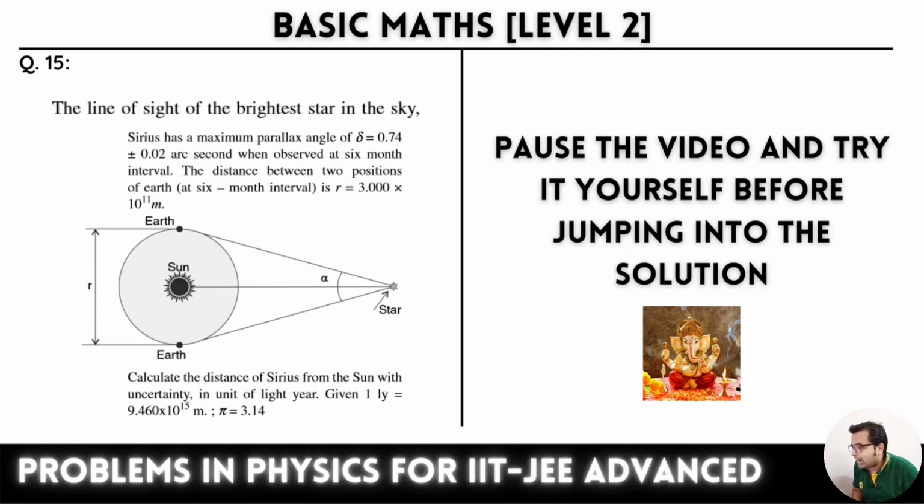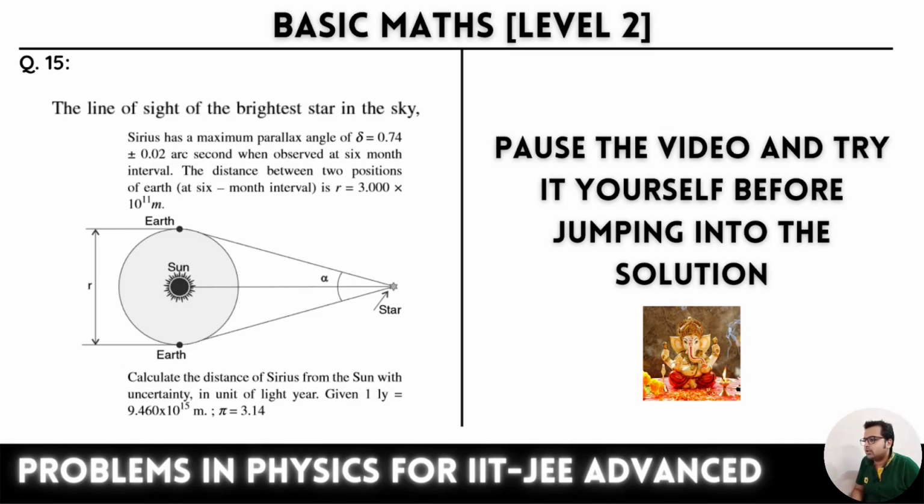It has a maximum parallax angle of, let me call it delta only, delta is equal to 0.74. So here the parallax angle is given, that is 0.74 plus minus 0.2 arc second.